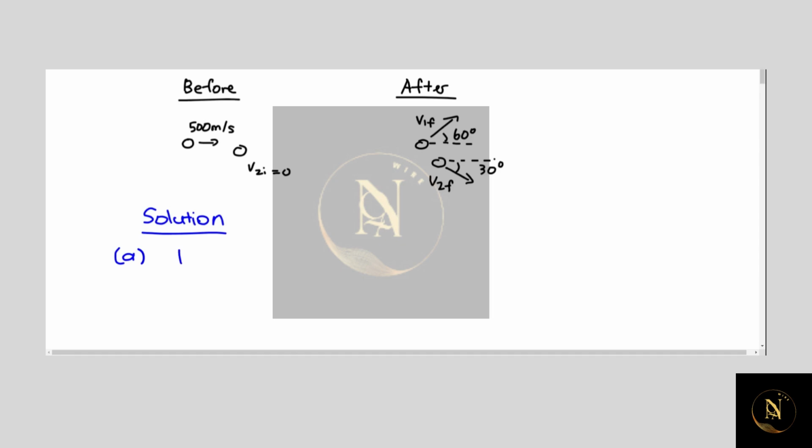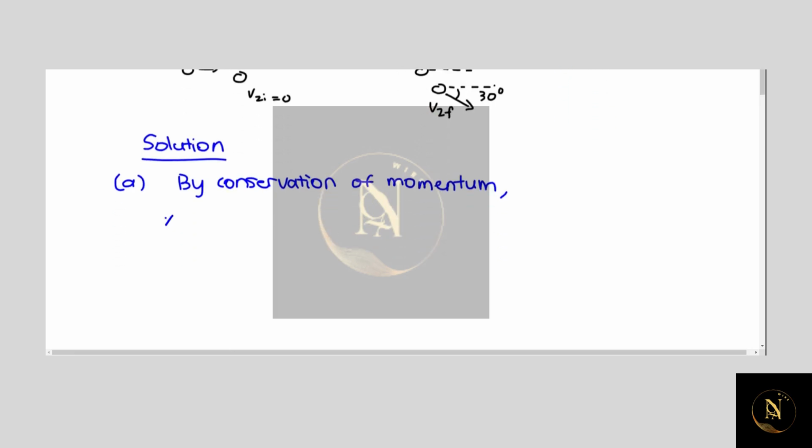So we'll be using conservation of momentum, and since this is a 2D collision, we will write the equation for x and y direction. Our x and y direction is defined as such. Along the x direction, we have m v1i is equal to m v1f cosine 60 degrees plus m v2f cosine 30 degrees.